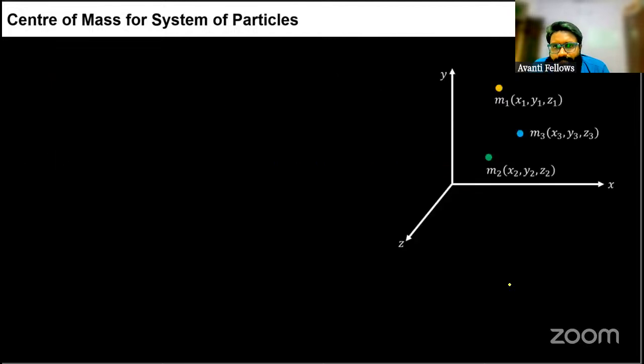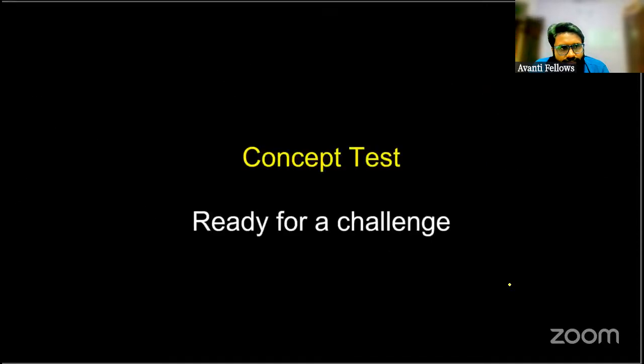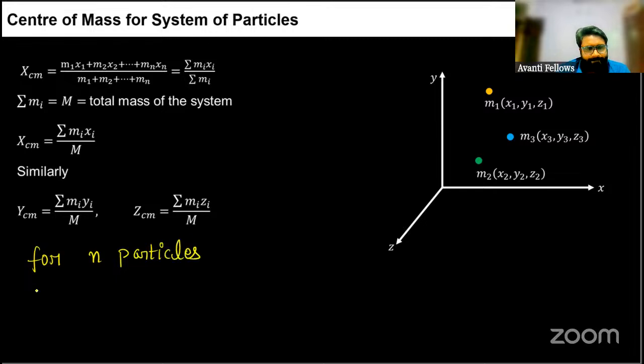ठीक है. 3 पार्टिकल के लिए करेंगे तो वही सेम चीजें हैं. तो यहाँ पे हम सीधा लिख सकते हैं, फॉर n पार्टिकल्स, XCM is what?